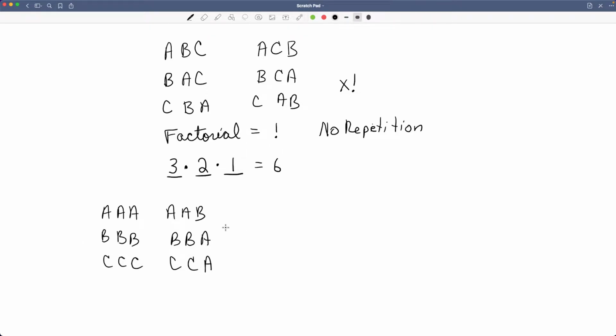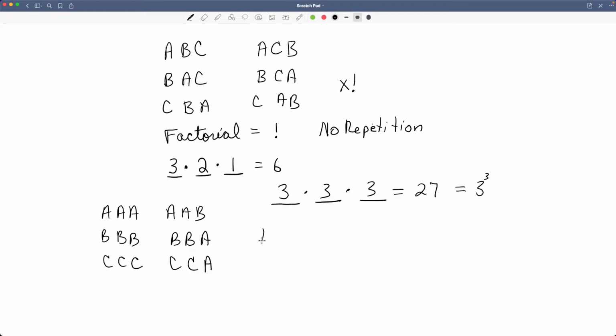So how many could I get? I could get 27 different versions of this. Or I could just simply say that I have 3 letters to choose from in the first position. I have those same 3 letters to choose from in the second position. And I have those same 3 letters to choose from in the third position. And now if I multiply them all together, 3 times 3 is 9, times 3 is 27, which we all know is just 3 cubed.